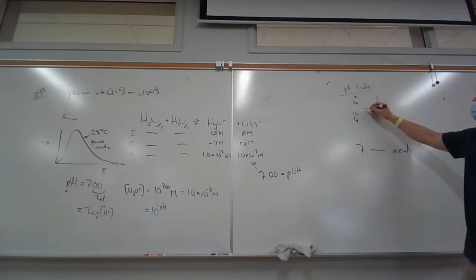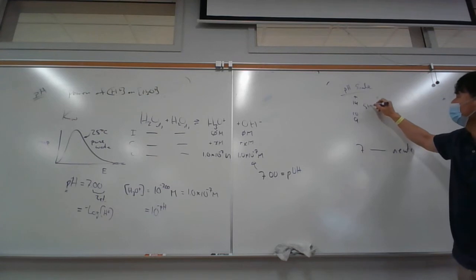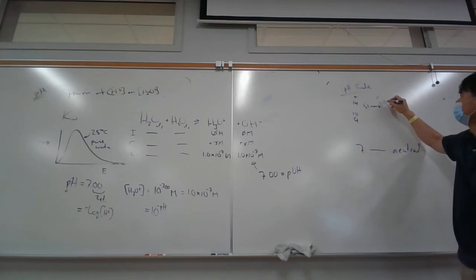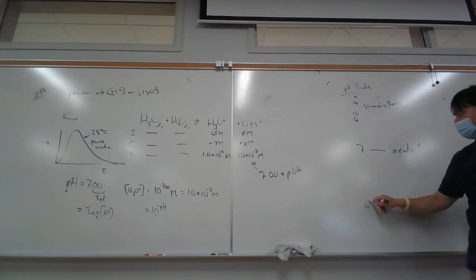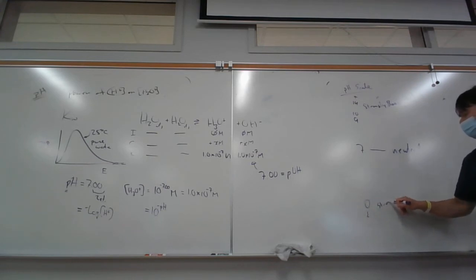When we get to pH 14, this becomes strongly basic. When we get to pH 0 and lower, like negative, this becomes strongly acidic.